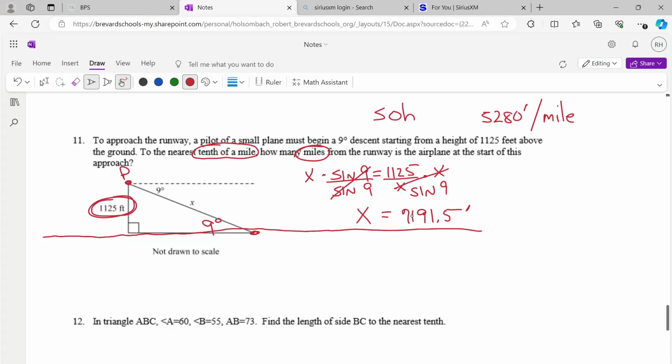So if we divide the 7191.5 by 5,280, it'll convert this feet to miles. The number's still on the calculator. Just divide by 5,280 equals 1.4. So the plane is 1.4 miles from the runway.